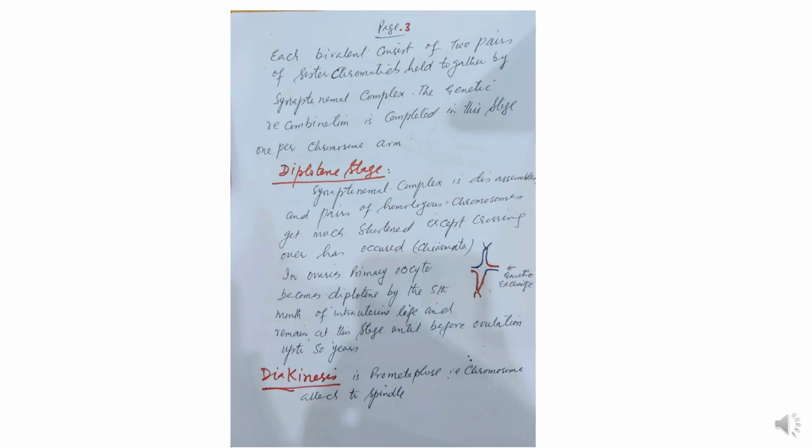This is a very important MCQ question: how does the oocyte persist in the ovary? From the fifth month of intrauterine life up to 50 years, the oocyte persists in the diplotene stage. An option is asked, zygotene, pachytene or diakinesis, but the answer is diplotene.